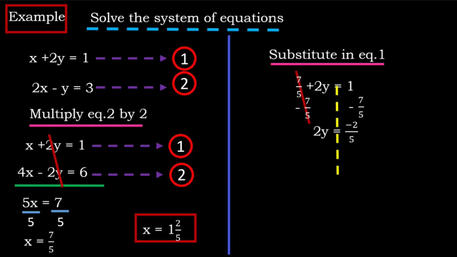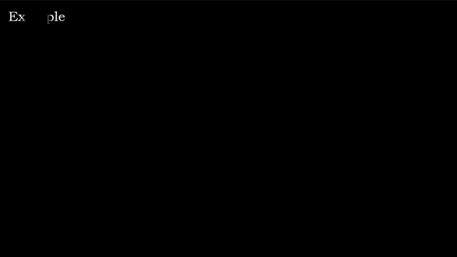Now we get 2y equals 1 minus 7 over 5, which is negative 2 over 5. We divide both sides by 2, and we get y equals negative 2 over 10. In the simplest form, dividing by 2, it will be negative 1 over 5. Now x equals 1 and 2 over 5, and y equals negative 1 over 5.